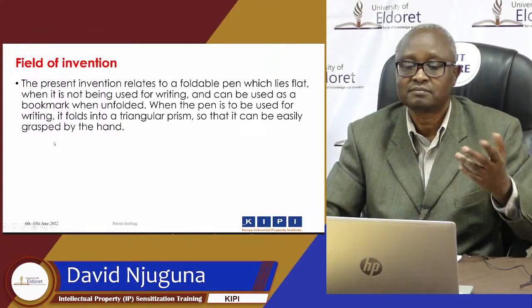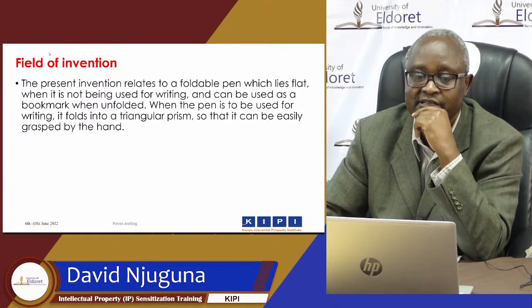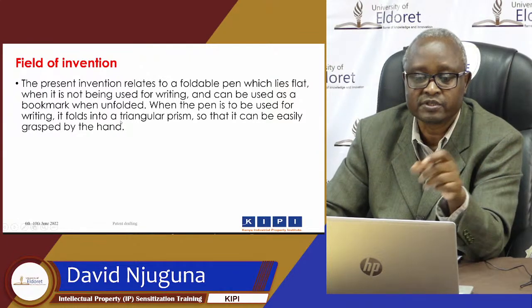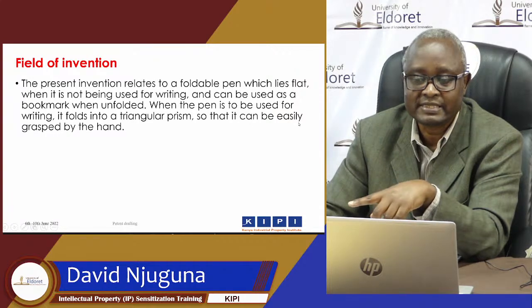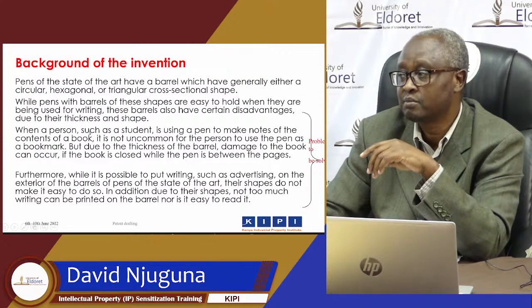They got a patent for it. That's what is describing the field of invention. When the pen is to be used for writing, it folds into a triangular prism, so it can be easily grasped by the hand. When it's flat, it can be used as a bookmark.